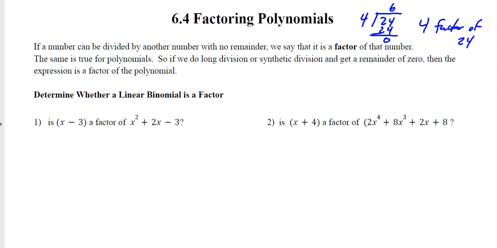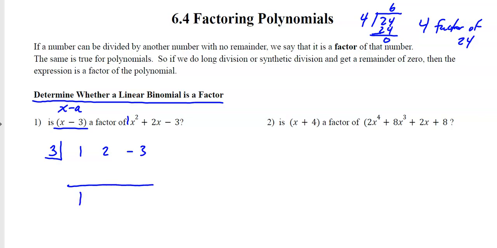So let's test. Right now we're going to determine whether or not something is a factor. So to test to see if this is a factor, I'm going to put 3, just like we did in the last lesson. It's got to be in the form x minus a if you're going to do it. So it's kind of like the 0 or the opposite. So 3, and then I'm going to do synthetic division for this one. This is 1, 2, negative 3.